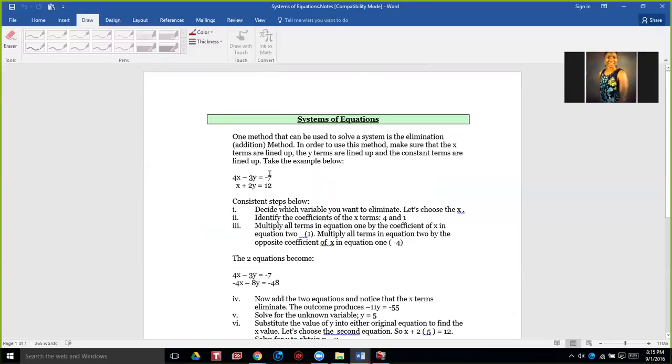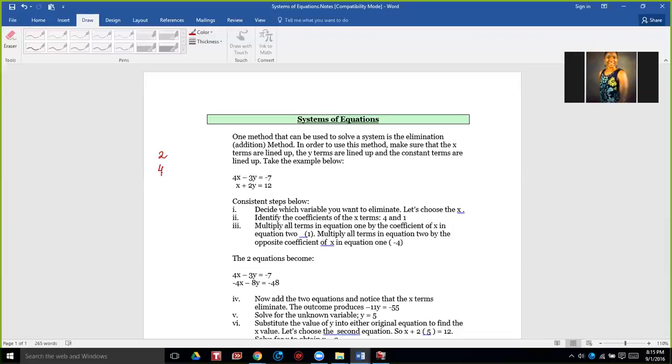Then we want to decide which variable you want to eliminate, the x or the y. It doesn't matter. Before we start eliminating, because if we add these two equations, nobody eliminates. So if we look at, let's say, the numbers 2 and 4, if we add these, they don't eliminate, correct?